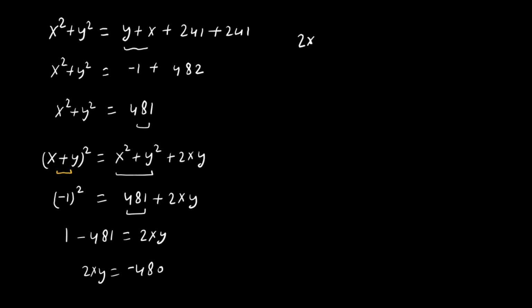If we divide both sides by 2, the 2s cancel out, and 480 divided by 2 gives 240. So the value of xy is negative 240.